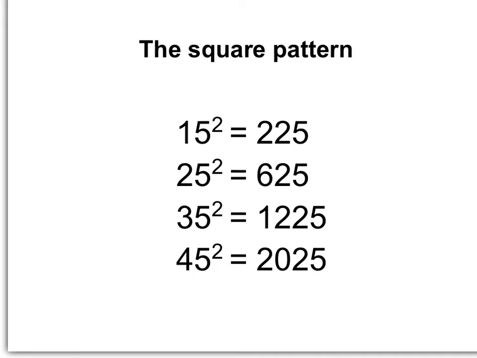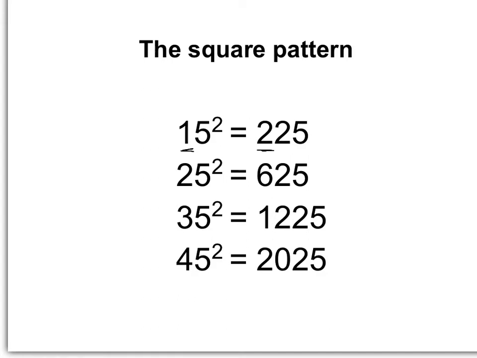Now take a look at the number that's not 25, the number in the hundreds place or the thousands place. Let's see how you can relate this number to the original number. For instance, 15 squared equals 225.